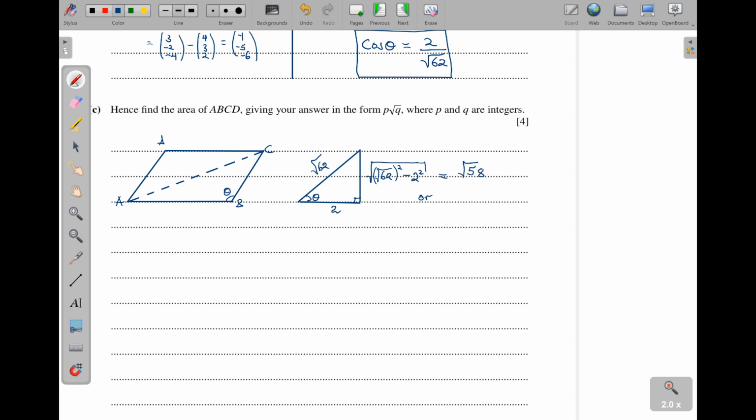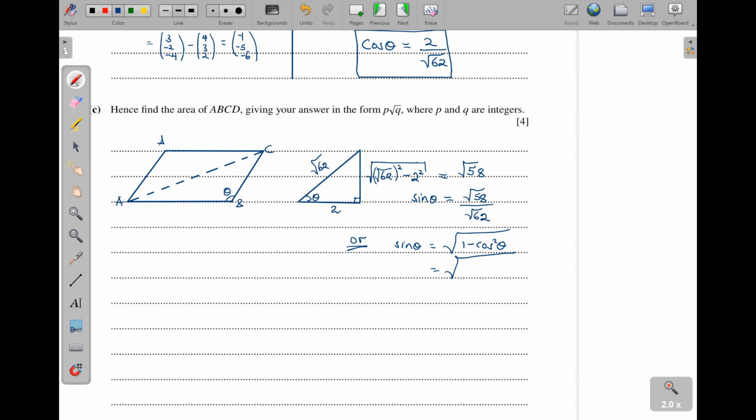So sine of theta is the opposite, root of 58, over the hypotenuse, root of 62. Alternatively, since sine squared equals 1 minus cos squared, sine of theta is the square root of 1 minus cos squared of theta.